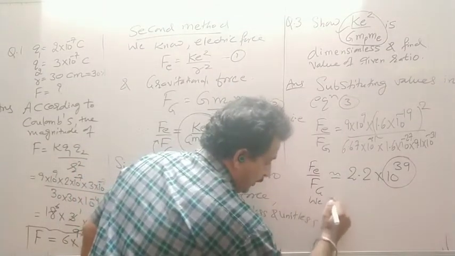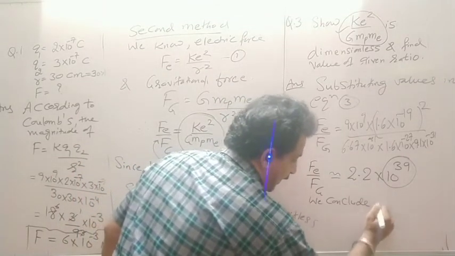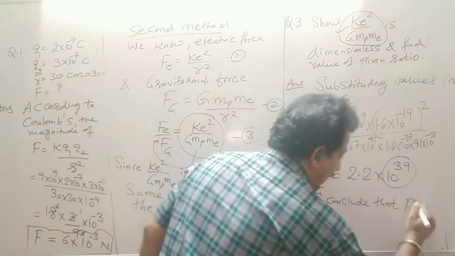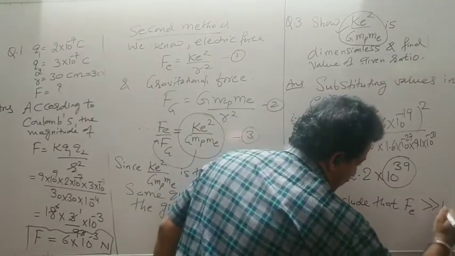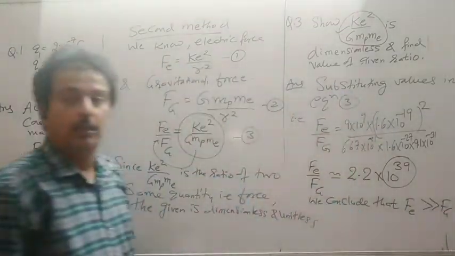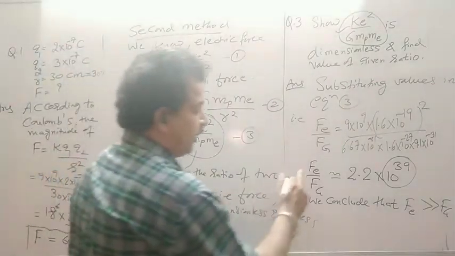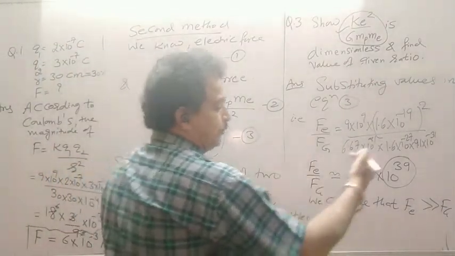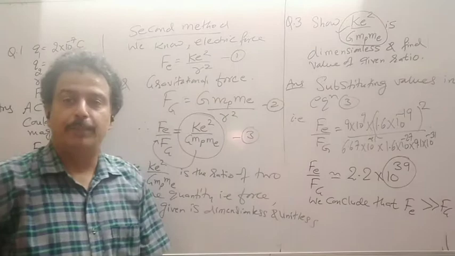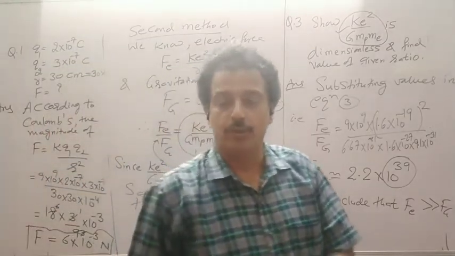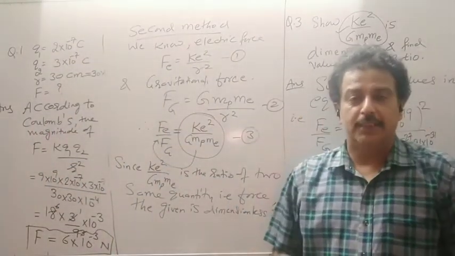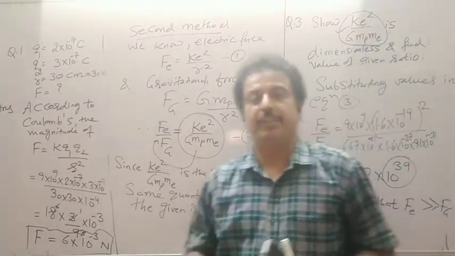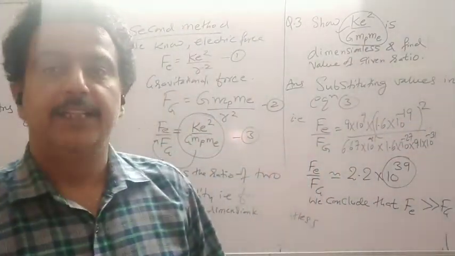We conclude that Fe is much greater than the gravitational force. So the electric force is very large as compared to the gravitational force, and we also know that the gravitational force is the weakest force of nature.